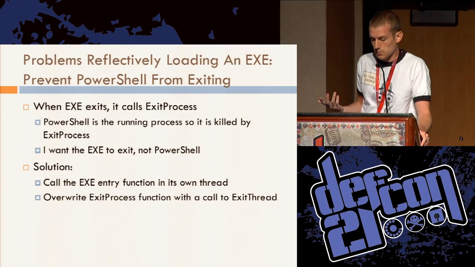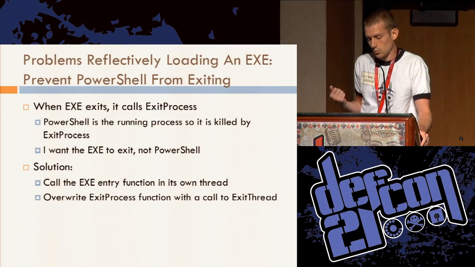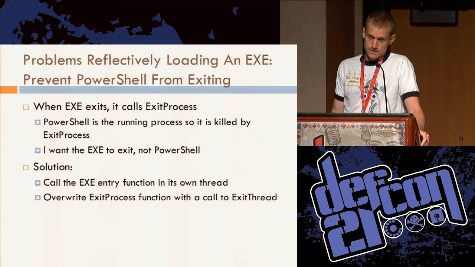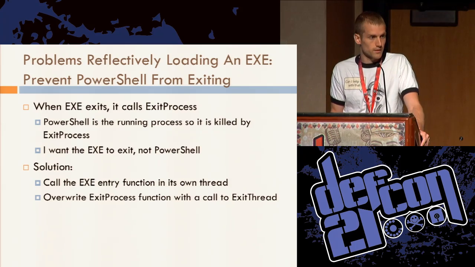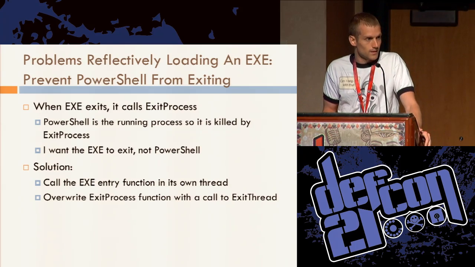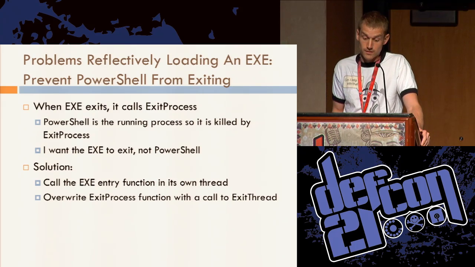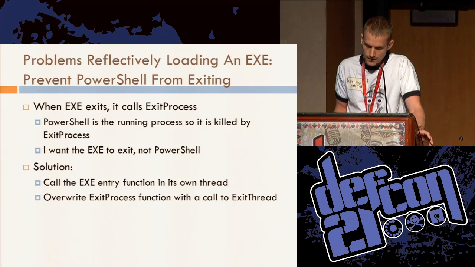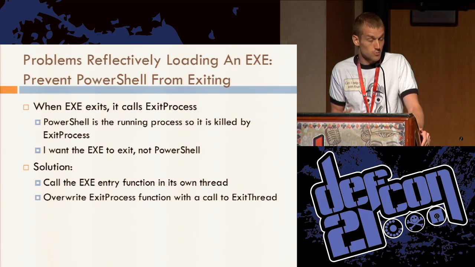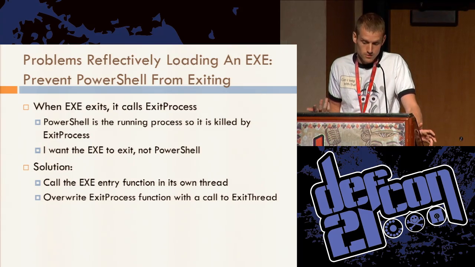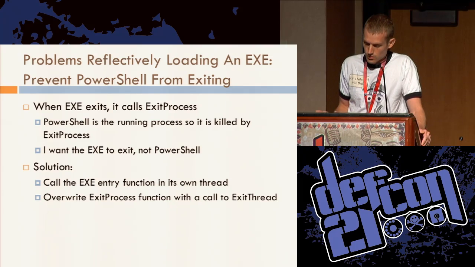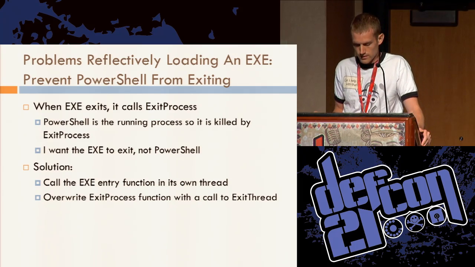So as an example, normally when an exe exits, so the exe that you reflectively loaded runs and quits, it's going to call exit process because it thinks everything is done. But the problem is that that's actually going to kill the PowerShell process because that's the process that's actually running. And that's not ideal because you probably wanted to see the output from the exe that you just ran, and if PowerShell just dies you can't.